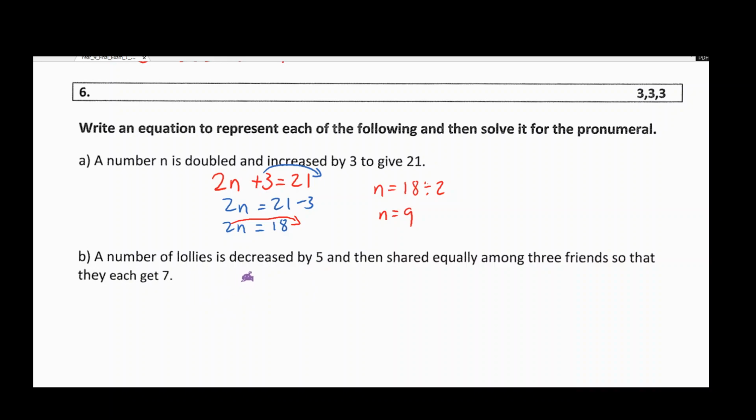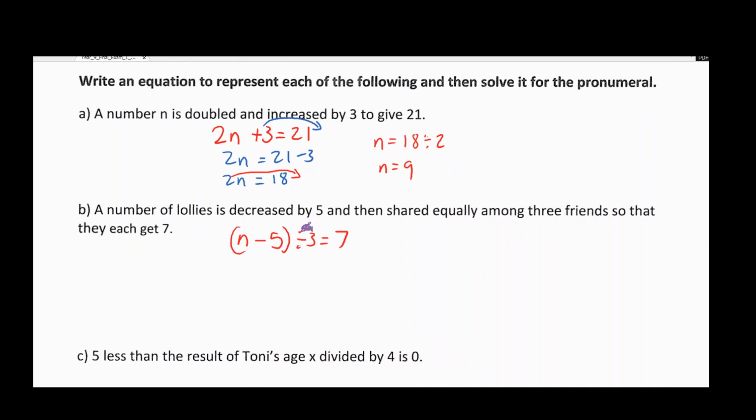The number of lollies is decreased by 5 and then shared equally among 3 friends so that they each get 7. So first step, I need to move this divide by 3 to the other side and make it a times.